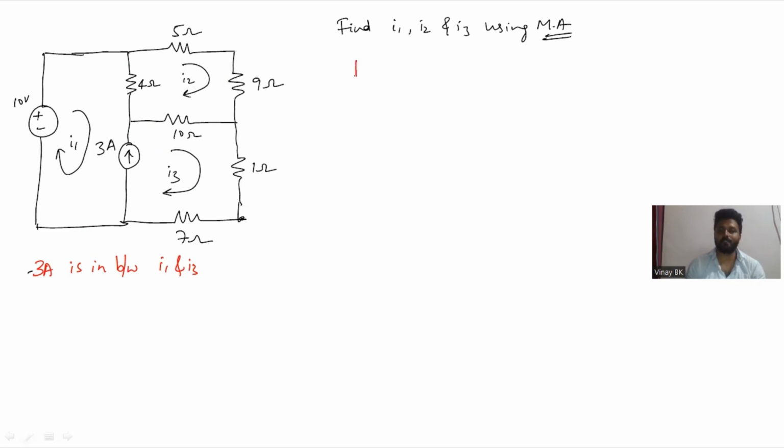From the super mesh, you can get one equation. Before that, observe that the 3 ampere source is flowing in the upward direction. In between I1 and I3, observe the directions of I1 and I3. I1 is flowing downward, which is opposite to the 3 amperes, and I3 is flowing upward, the same as the direction of the 3 amperes.